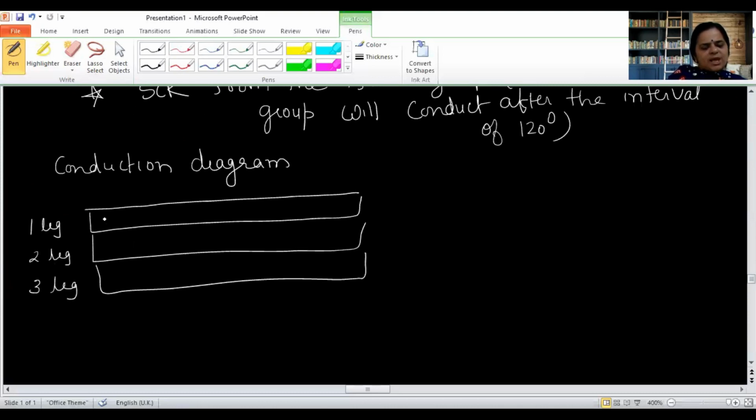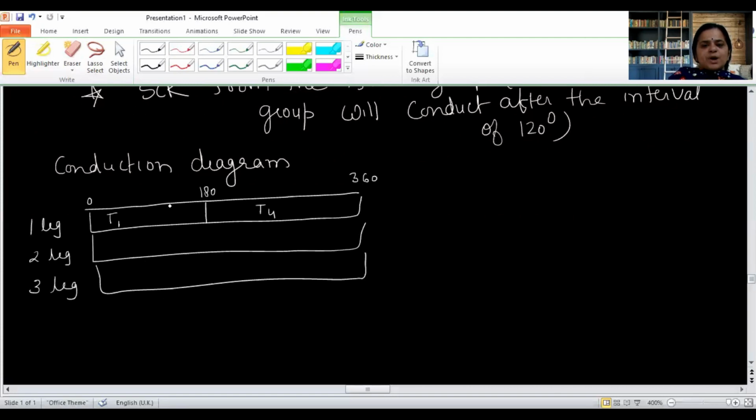Now in the first leg the SCRs are T1 and T4. If T1 starts conducting at 0, then it will conduct up to 180 degree, and after 180, T4 will start conducting and it will conduct up to 360, because T1 and T4 are the SCRs of the same leg.